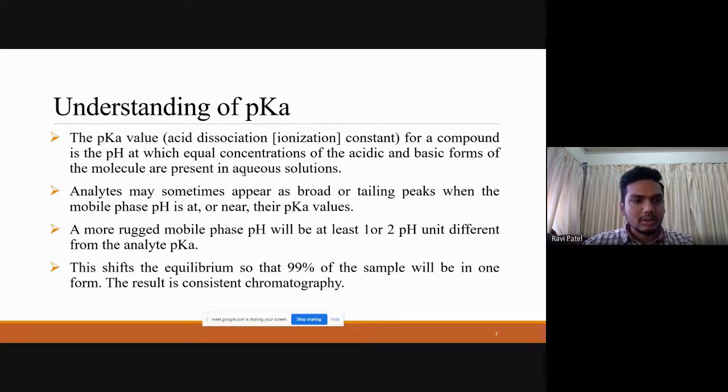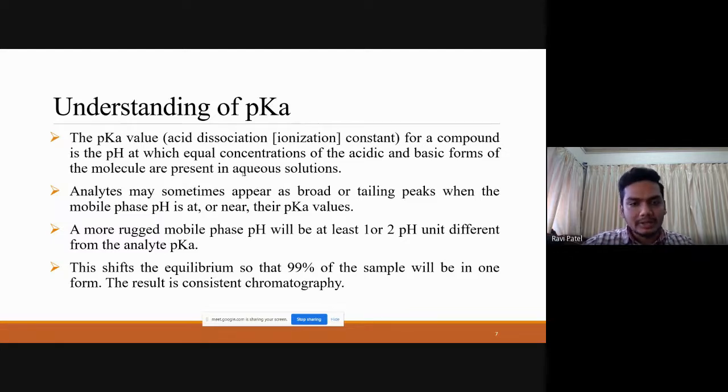So if we select a pH similar to the pKa of that compound, we do not get a proper peak shape in the HPLC chromatogram. We get peak tailing and peak broadening.